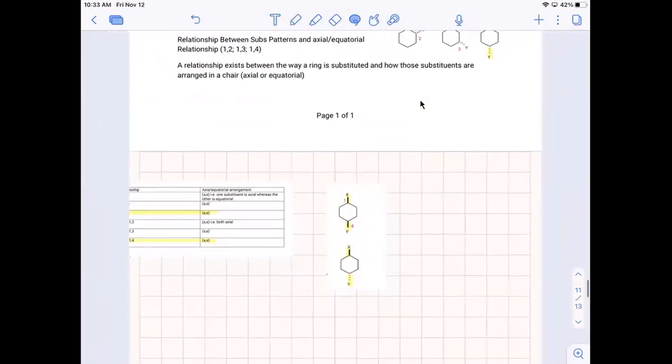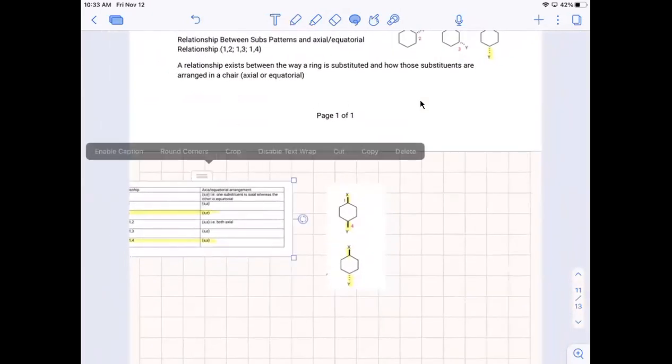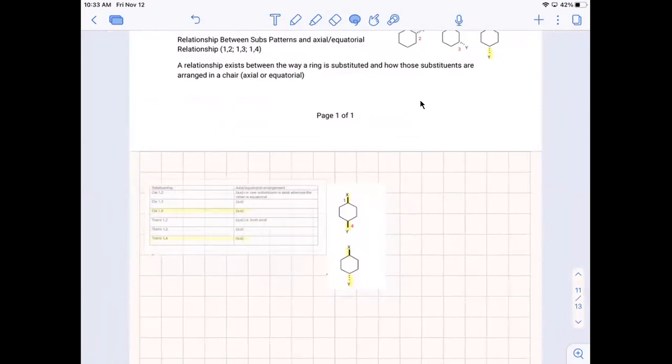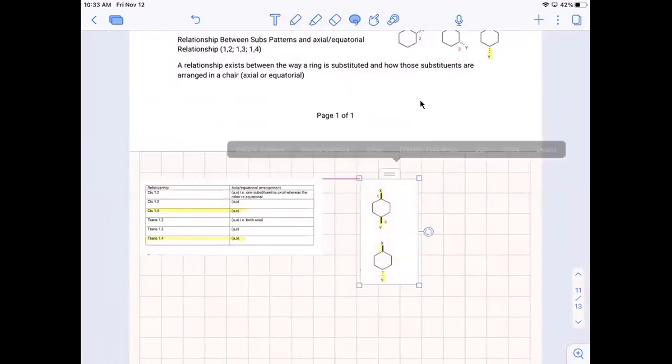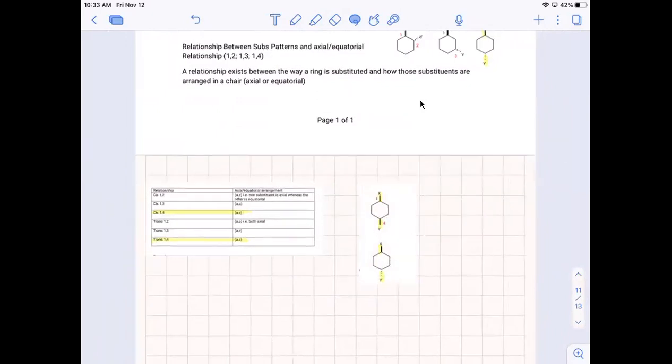All right, so depending on what the substituent is, that's going to determine the energy. We already talked about that. There are some substituents that are much higher in energy than others, like you saw with the tert-butyl, and then with the halogens. Halogens don't cost as much to be axial as a tert-butyl would.